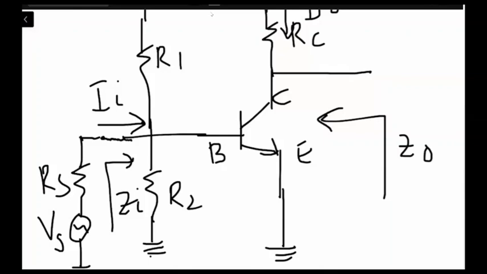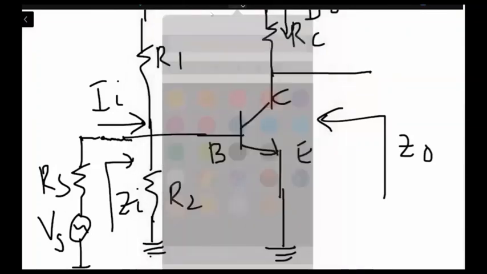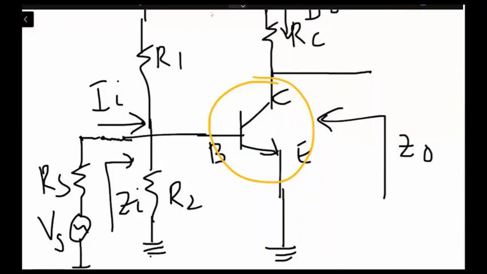So now we have a much simplified circuit over here. With the transistor we have R1 and R2.